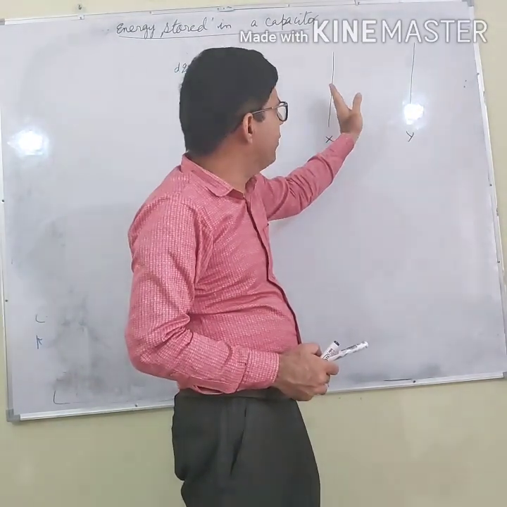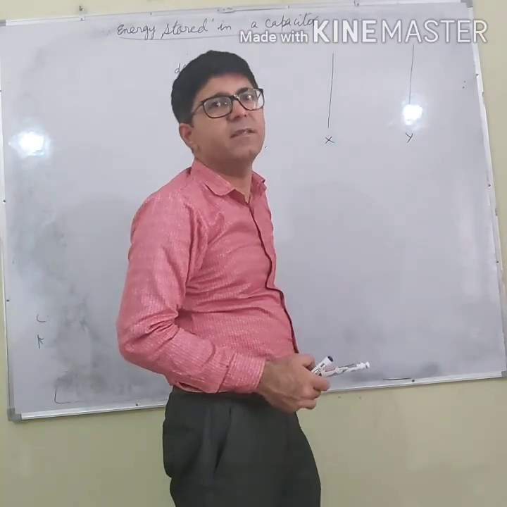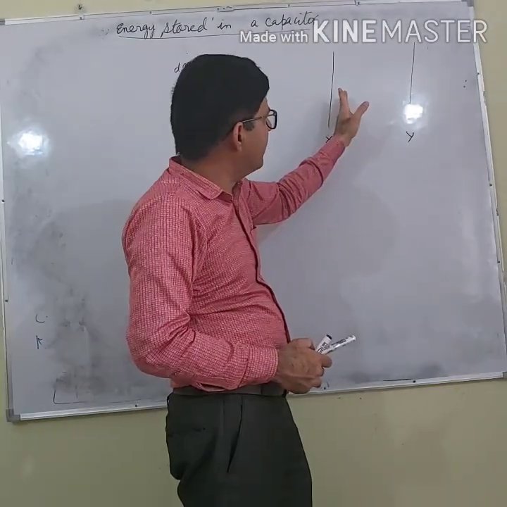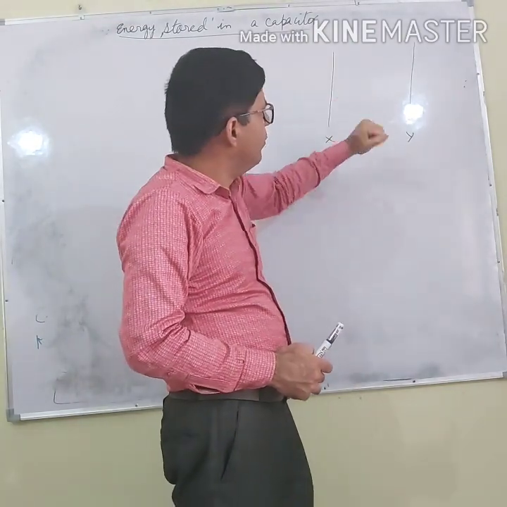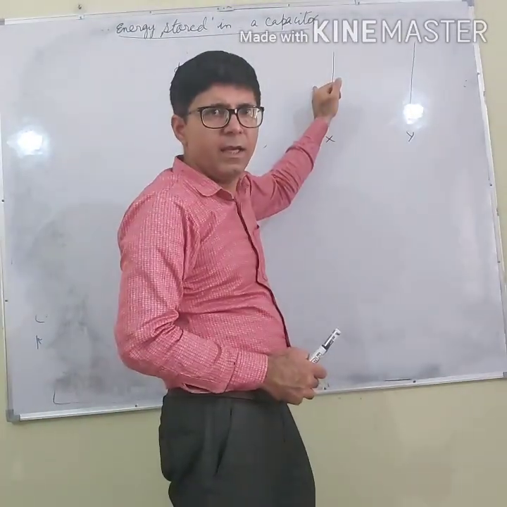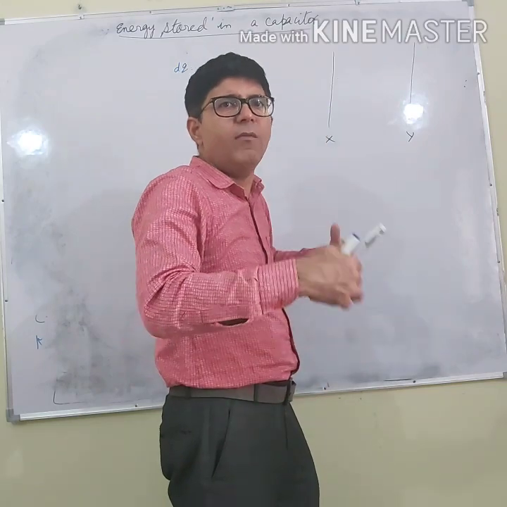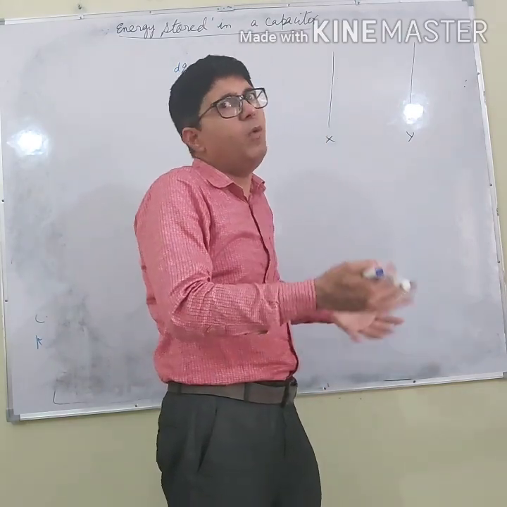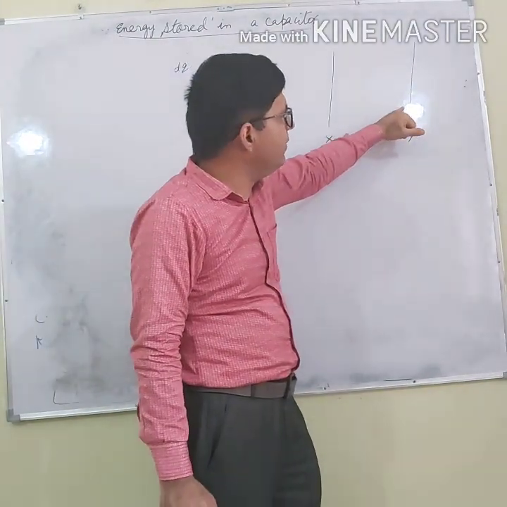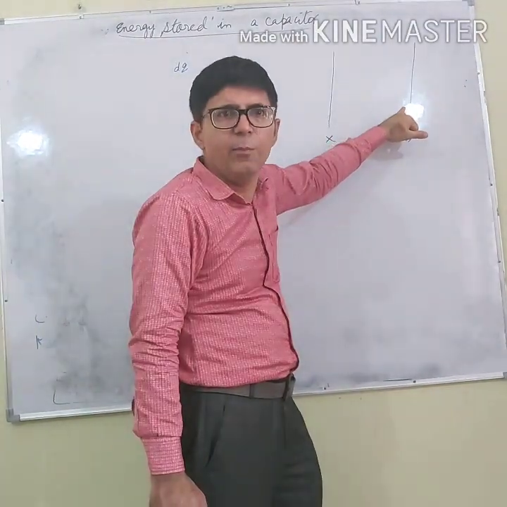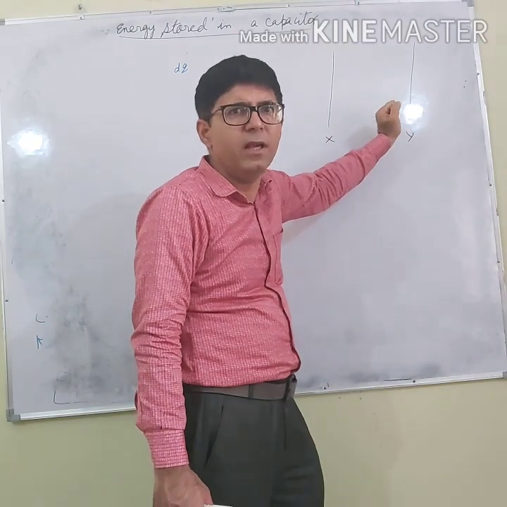So when X becomes positively charged, its potential will increase. Now after that, if I further try to remove the electrons, what will happen? The positive potential will attract the electrons and it will pose a difficulty in removing them. And if I give these electrons to Y, the negative potential will repel those electrons.